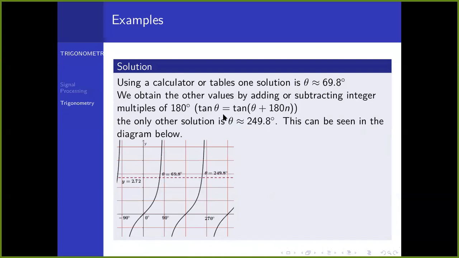And remember, the tangent repeats after every 180 degrees. So we can just add another 180 degrees to 69.8 to get another value which gives us the same tangent. The farthest we can get to is 249.8. If you add any more, you go outside the range of 0 to 360. So the only two values that work in that range are these ones.